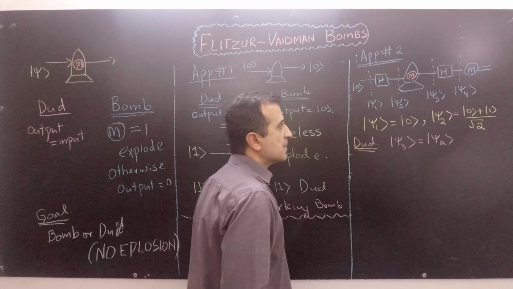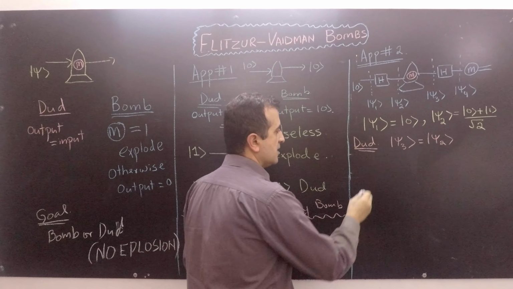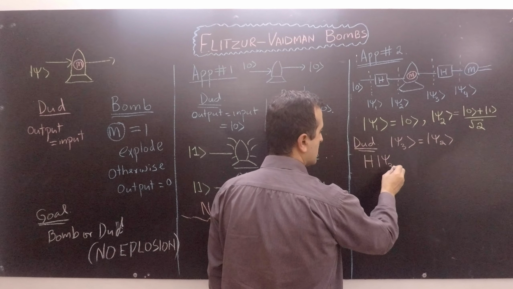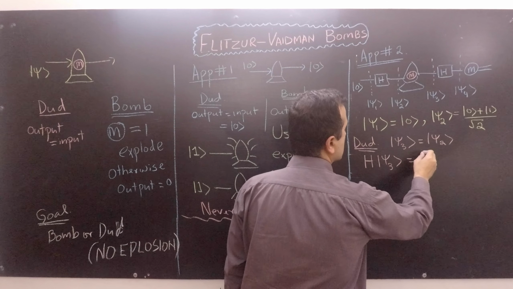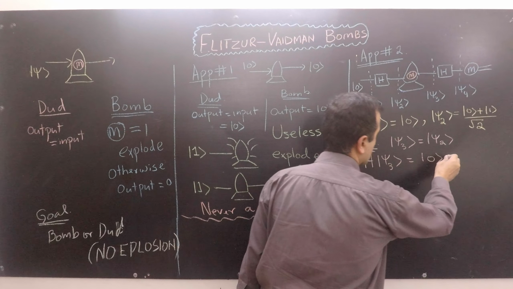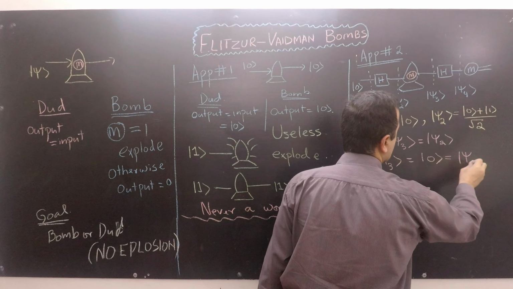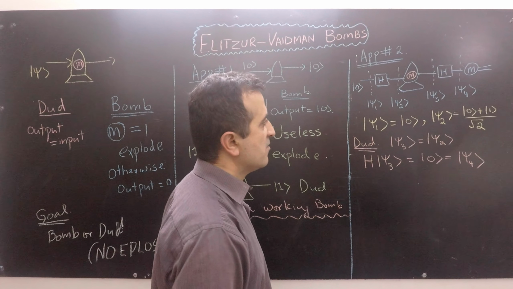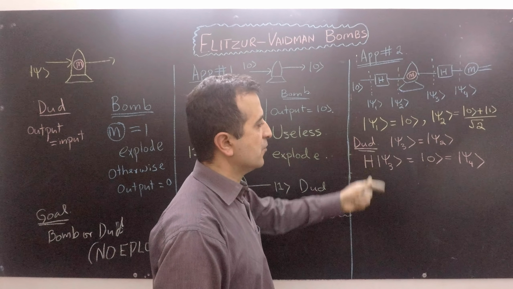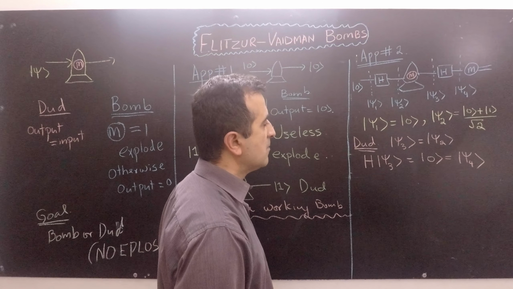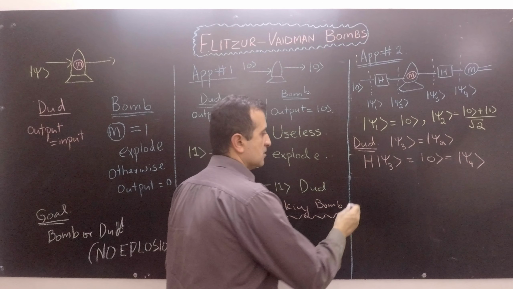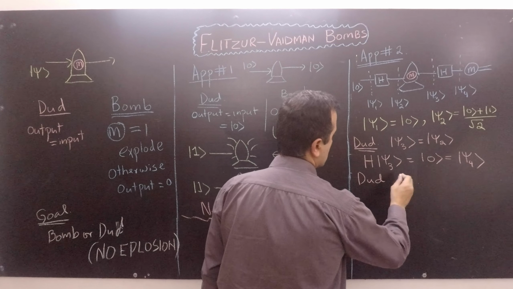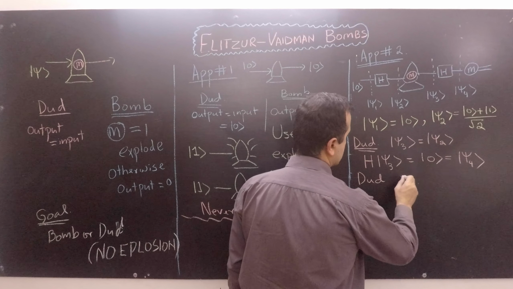We will apply Hadamard gate on ket psi 3, and our outcome will be ket 0. Finally, we will measure ket psi 4 and our outcome will be 0. So in case of dud, in this approach, we will always get ket 0.